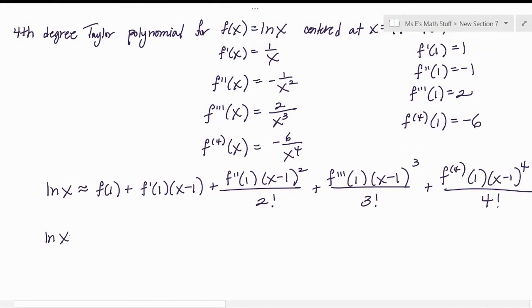So that's the plan. Now we just put the right numbers in. So natural log of x would simplify down to be f of 1 was 0, which I think I'll go ahead and just write it. F prime of 1 was 1, so you just have x minus 1 for this piece. And then f double prime of 1 was negative 1.